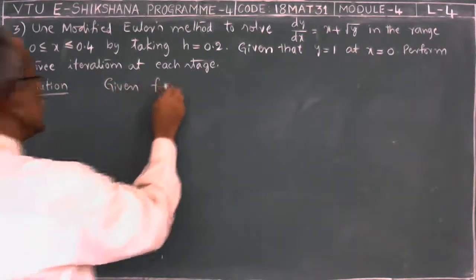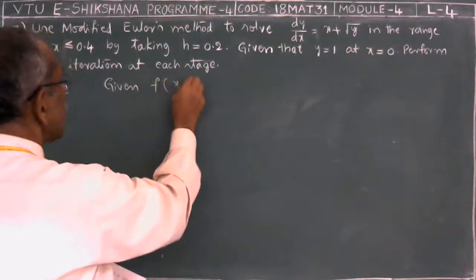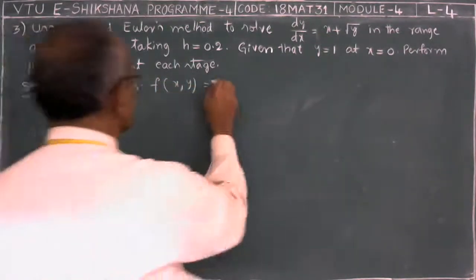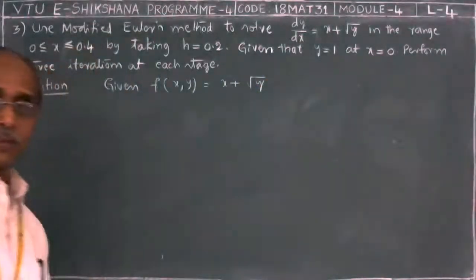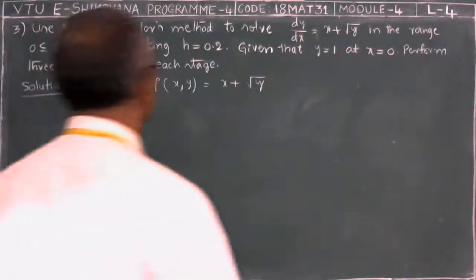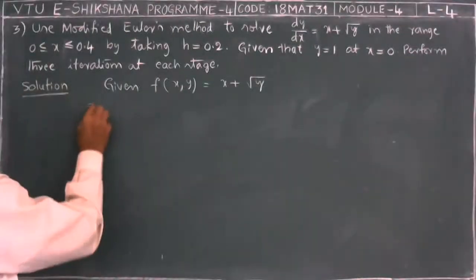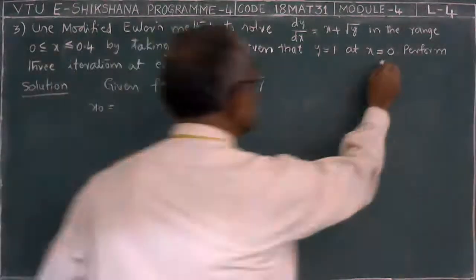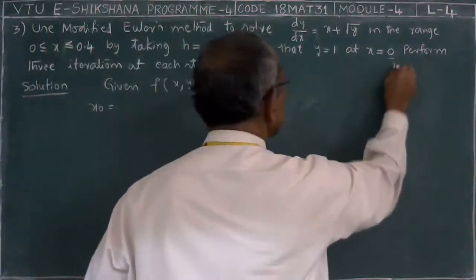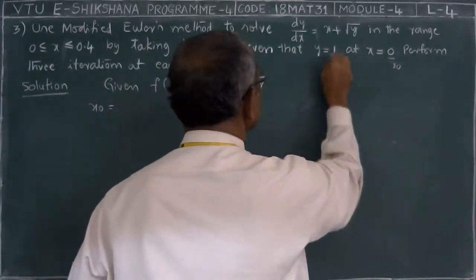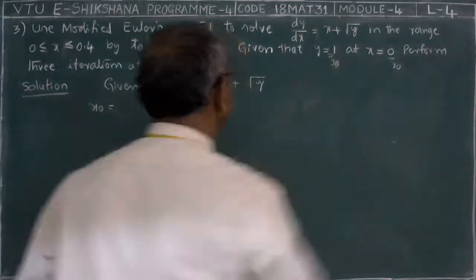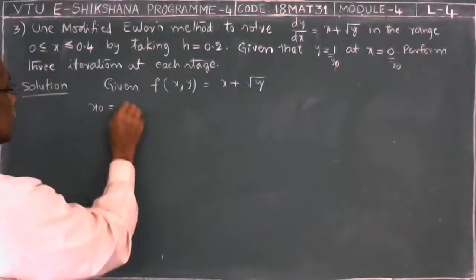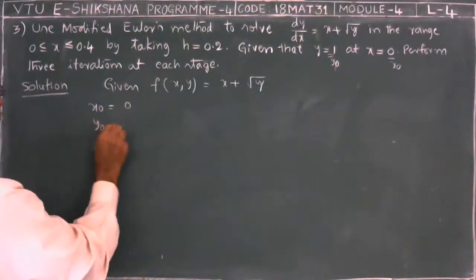Given f of x comma y is equal to x plus root y. Then this is your x naught, and this is your y naught. So x naught is 0, y naught is 1.